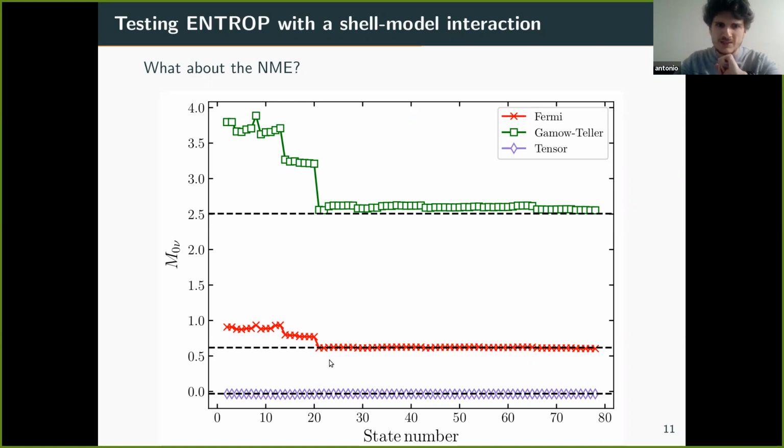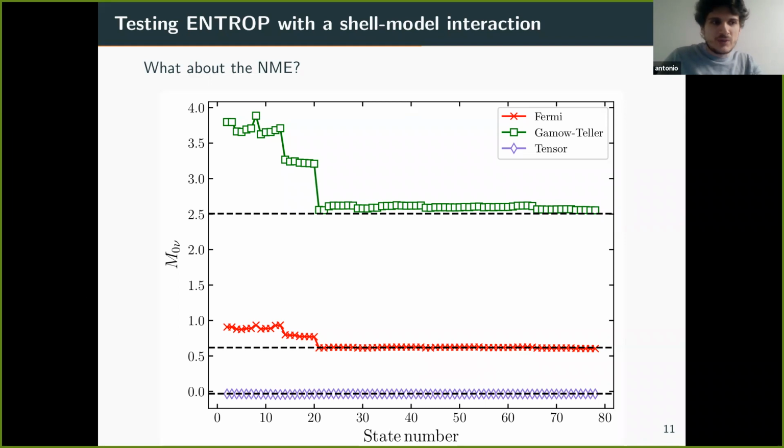The Fermi one is not as close; I think it's around 50% larger. But this can partly be explained because using this method we explicitly break isospin symmetry, while the exact shell model interaction doesn't. Still, overall, they're very good results. So in view of these results, we can say that this method is working.